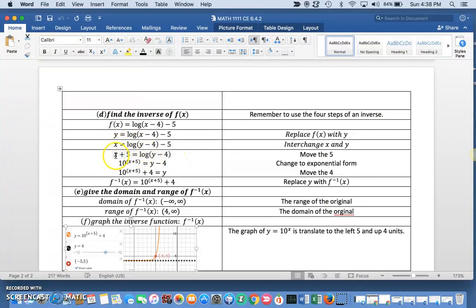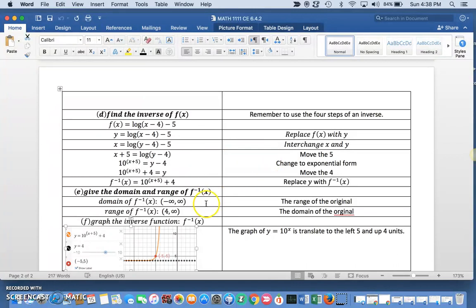Go around to pick up the other side and then come back to equal that. Since you've got a -4 with your y, you still want to move it. It becomes a +4. Just like previously, you replace that y with the function notation f inverse of x, and that's what it equals. Now they'll ask you about the domain and the range and ask you to graph it and that kind of thing.